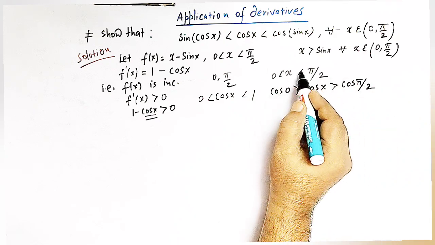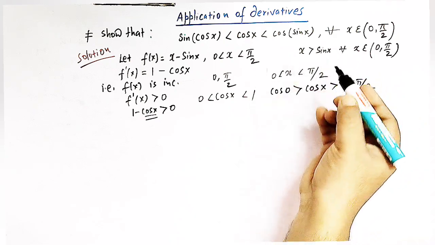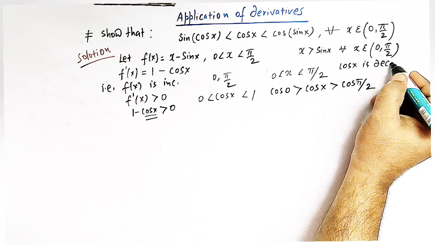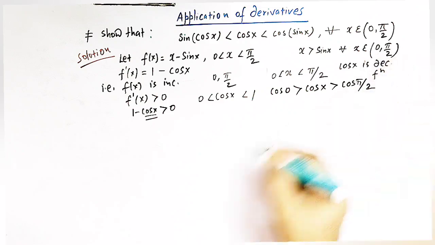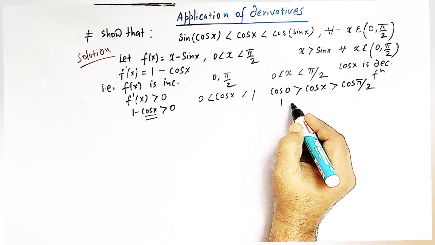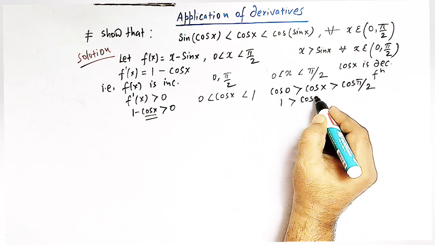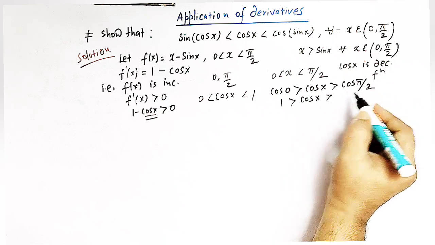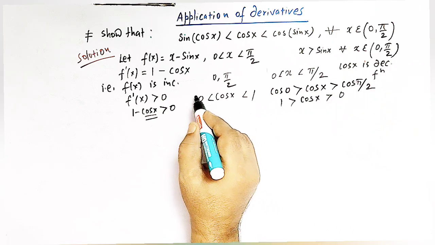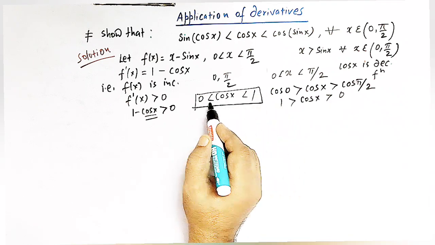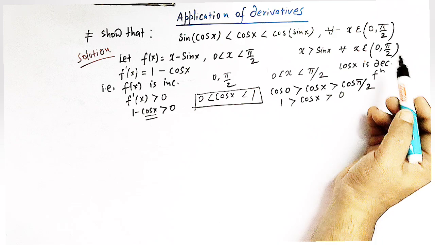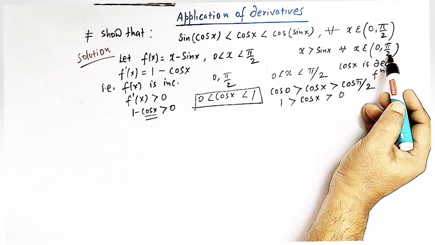The direction of the inequality gets reversed because the cosine function is a decreasing function in the interval 0 to pi by 2. So cos 0 is 1, and cos pi by 2 is 0. So we can also write this inequality like this: cosine x lies between 0 and 1 when x lies in the interval 0 to pi by 2.